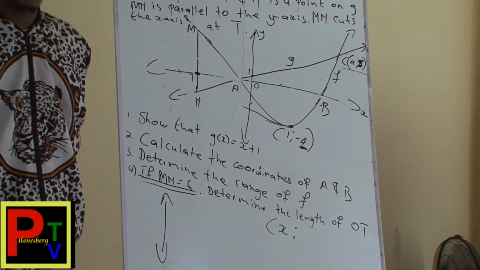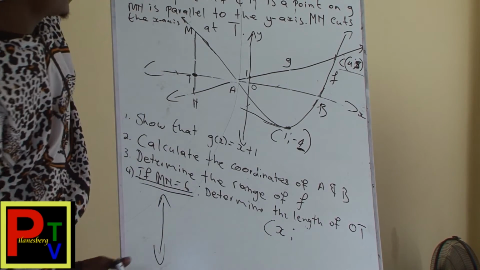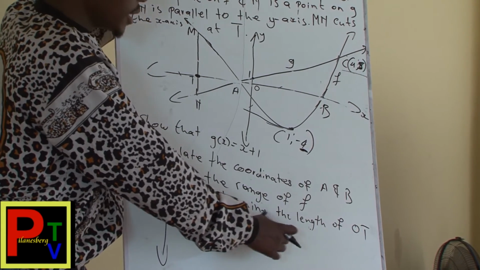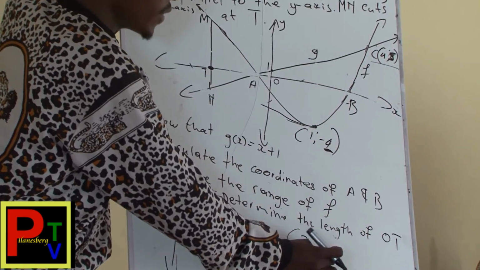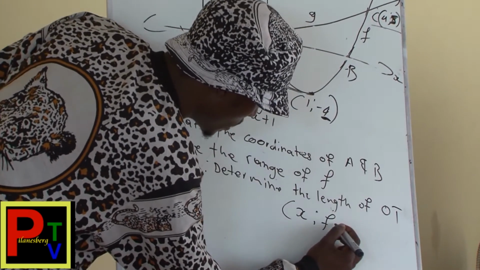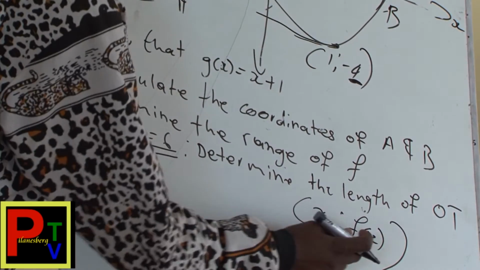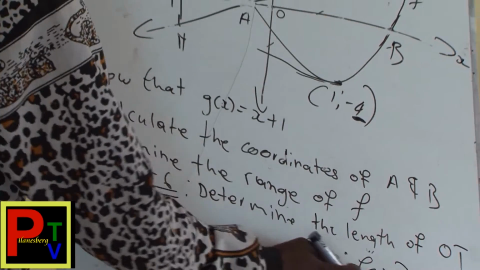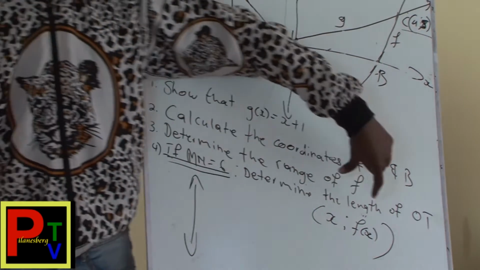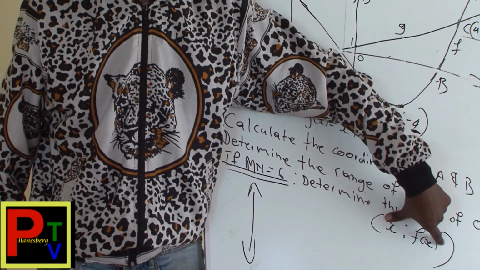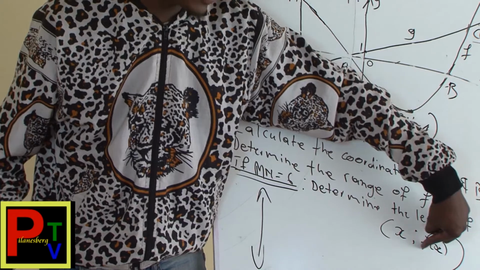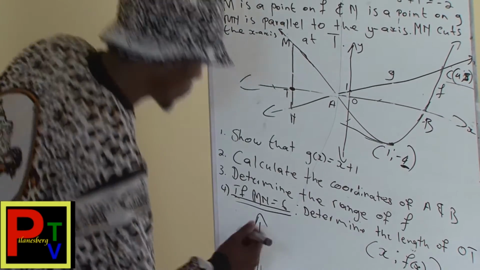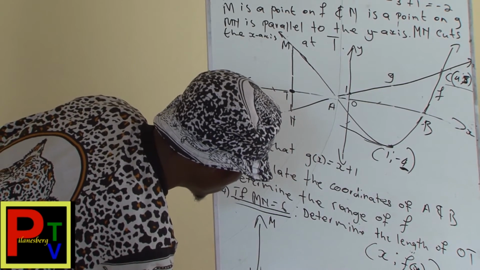If you are given the x value here, in order to create the corresponding y value, you just take the x value into the equation to create the corresponding y value. Therefore, generally, this is how we represent the coordinates. That is why they say f of x or g of x is the same as y. This is the general part of it. Then this is L and S.